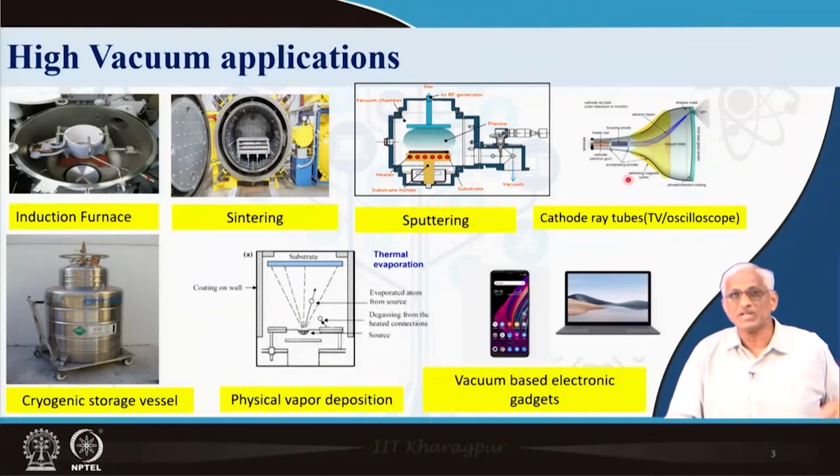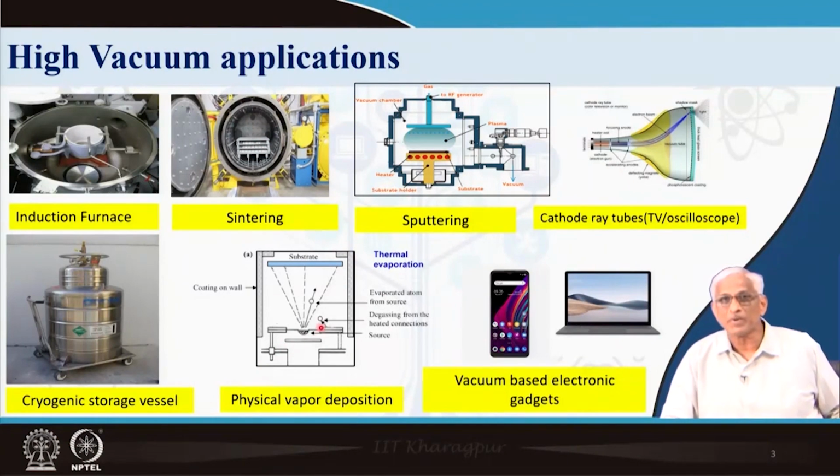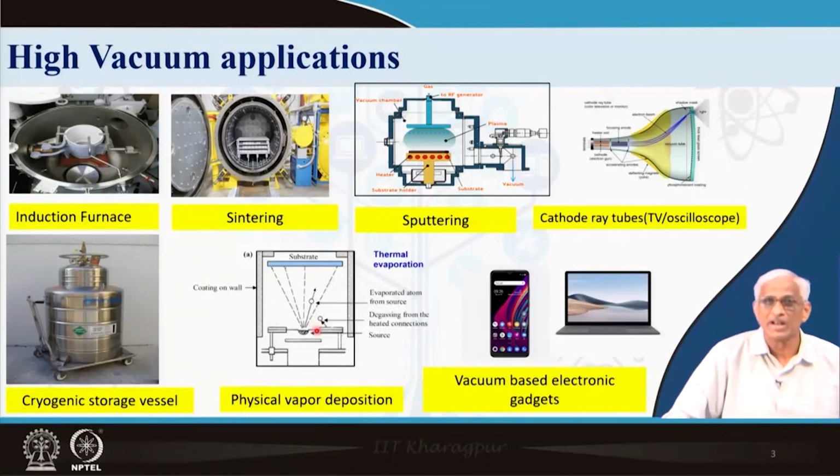Thin film deposition, I just now discussed, either you can physically evaporate it from a high current driven boat, and the material from solid to liquid will form here, from the liquid vapor will form, these molecules will go straight like beams, get deposited on a substrate. This is called thin film deposition. Almost every university, every institute will have this type of units in their physics, material science and metallurgy departments, even electronics department. This is physical vapor deposition.